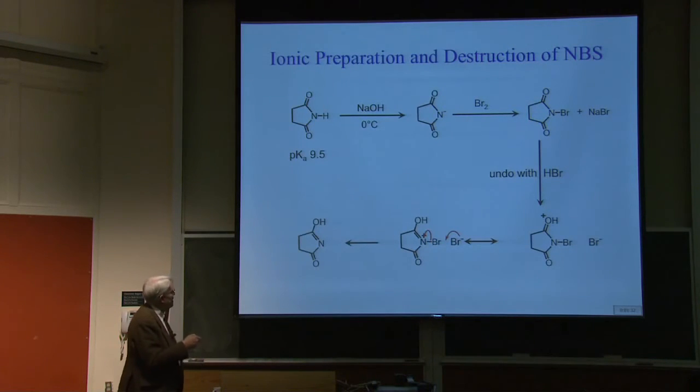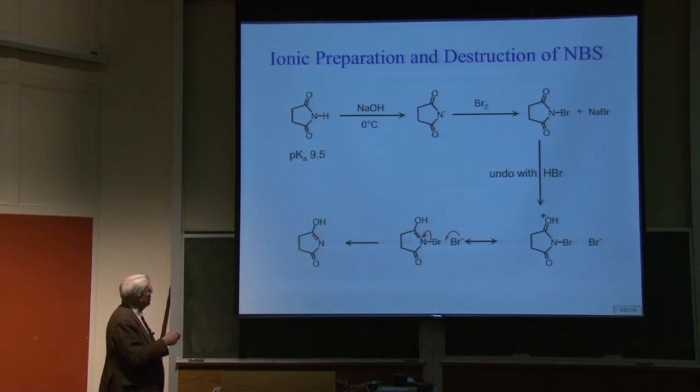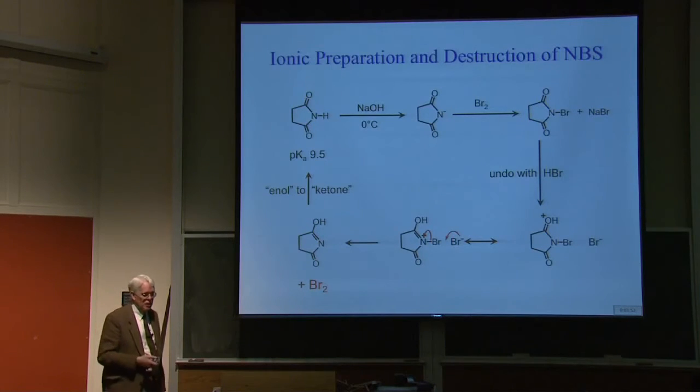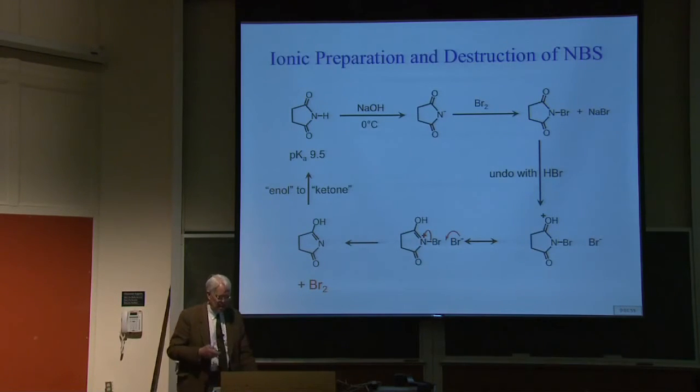So you generate this, now neutral, which is an enol that easily isomerizes back to the starting material. So in base, you can make this with bromine, and if you add HBr, you come back, and of course, also get Br2. That was what was formed here. So you can get the Br2 back again if you want to from NBS.